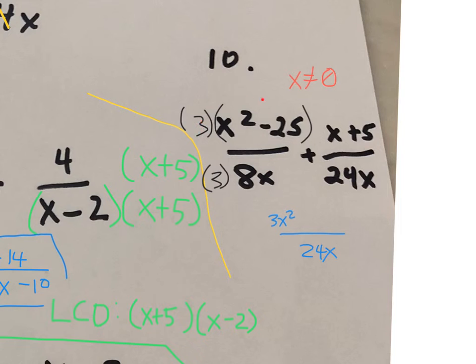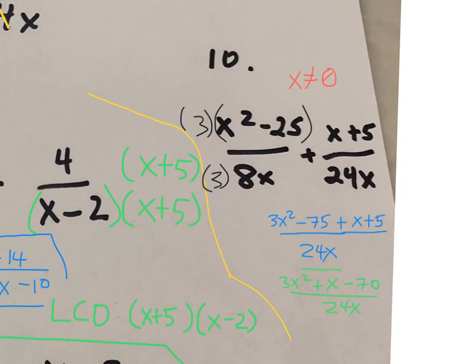It's going to be 3 times negative 25, which is negative 75. It's going to be x plus 5 over here. So it's going to be plus x plus 5. Now, we have, of course, like terms with negative 75 and 5. So on the next line, we could totally write 3x squared plus x minus 70 all over 24x.